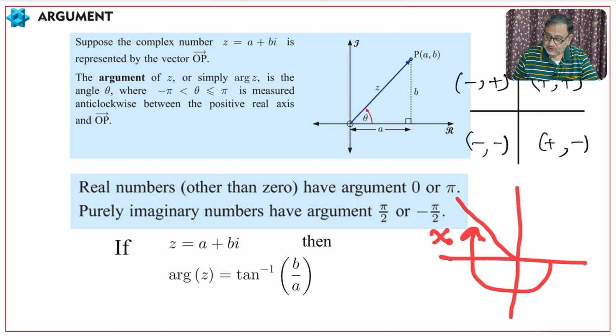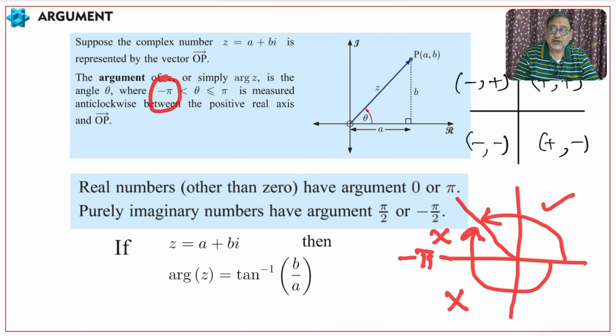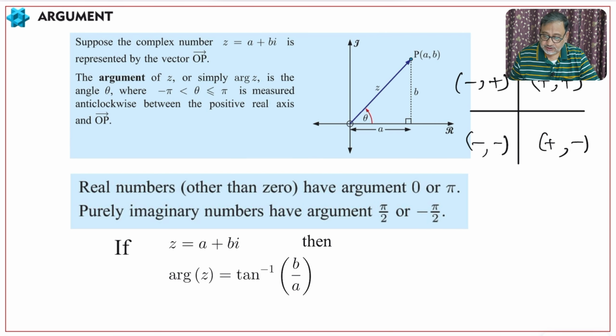This will be wrong. It should be like this. This will be the correct direction, and this will be the wrong direction, because it will cross minus pi, whereas it should not cross minus pi. It should be more than minus pi and less than plus pi. So I hope you will remember this.